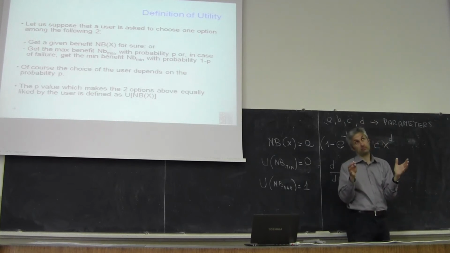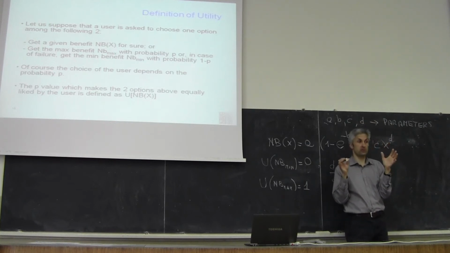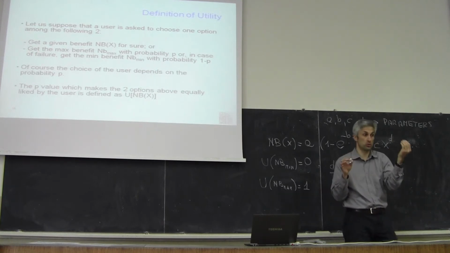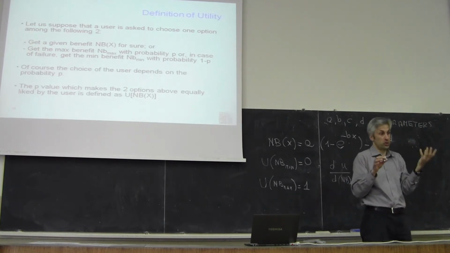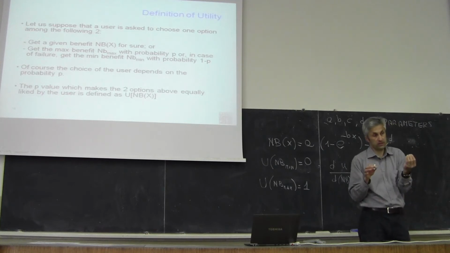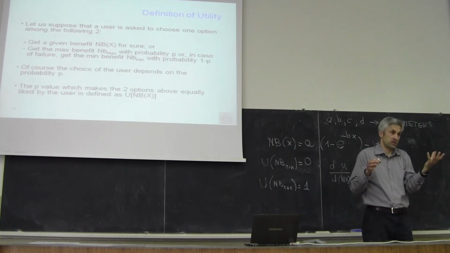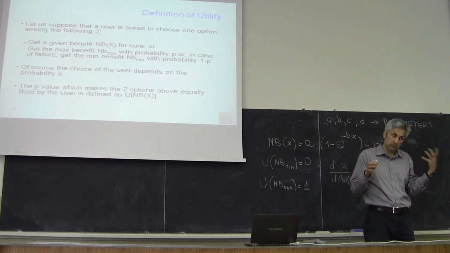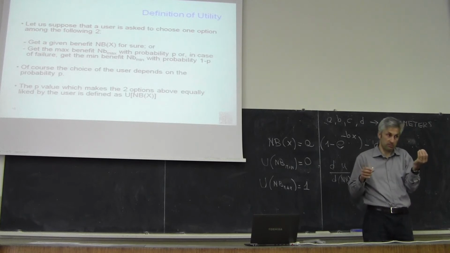Then some considerations. Of course, the choice of the user depends on the value of the benefit that you give for sure. So if you give for sure 490, of course you would choose 490. But another issue that is important in the decision of the user is the probability to get the maximum.